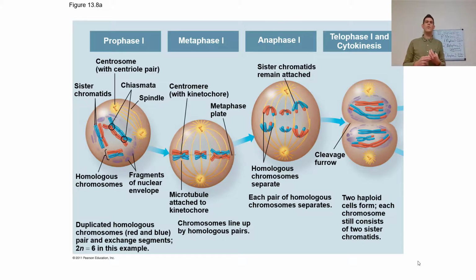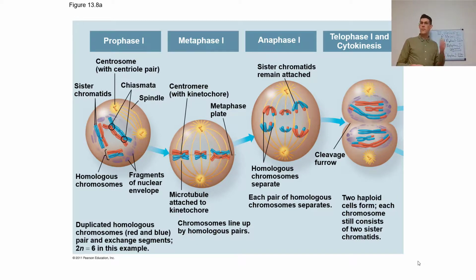So there are 2 to the 23rd different combinations that you can make of gametes just based on how you assort them, because the assortment is independent. That's independent assortment, and it means each haploid cell at the end of this is going to get a novel combination of maternal and paternal chromosomes.